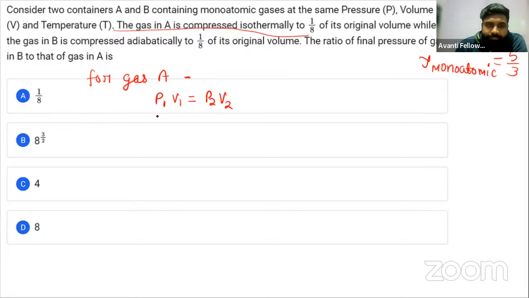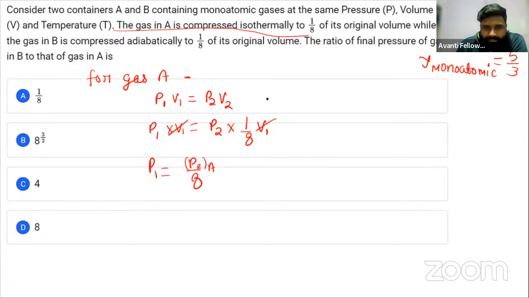Now this is for A. So P1 into V1 equals P2 into V2, where V2 is 1 by 8 of the original volume. This will cancel, so P1 is P2 by 8. Or you can say P2 for A is 8 times P1.